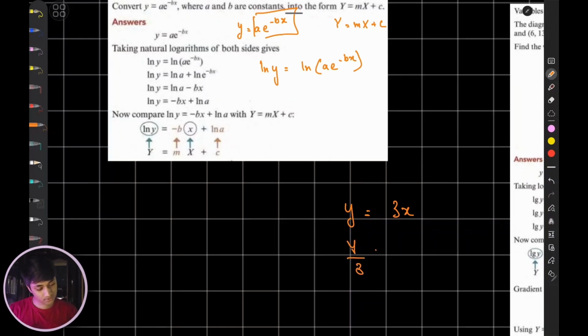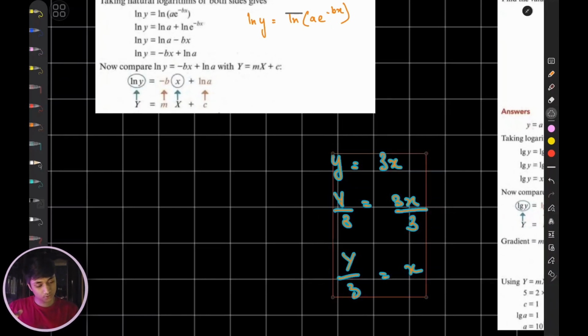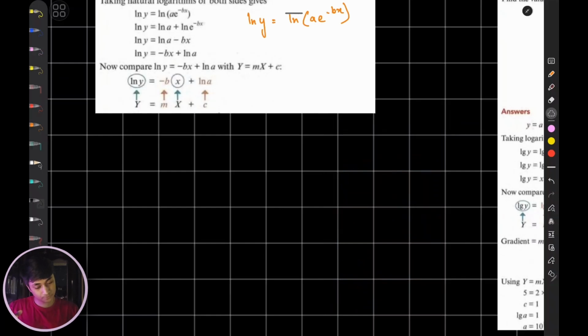So y divided by 3 over here and 3x divided by 3 over here, resulting in y divided by 3 and x. So whenever you're adding, subtracting, multiplying, dividing, or introducing any sort of term, you have to do it on either side of the equation, right? So if you know that, we can move on.